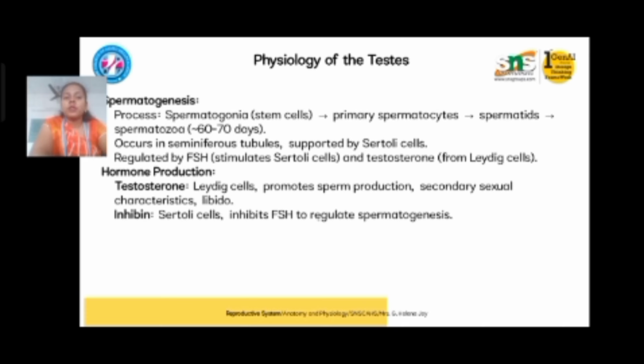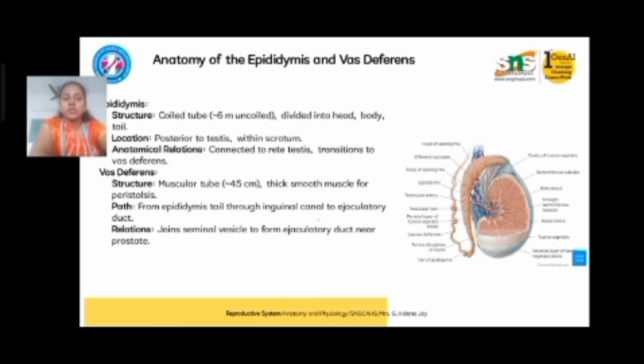Follicle stimulating hormone acts on the Sertoli cells, and testosterone hormones are produced by the Leydig cells. For hormone production, the Leydig cells produce testosterone, and inhibin is produced by the Sertoli cells, which regulates spermatogenesis.